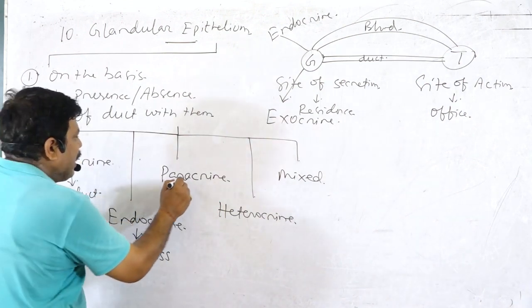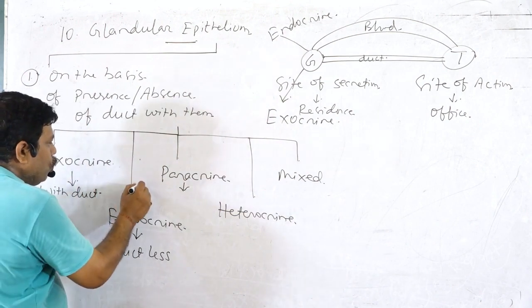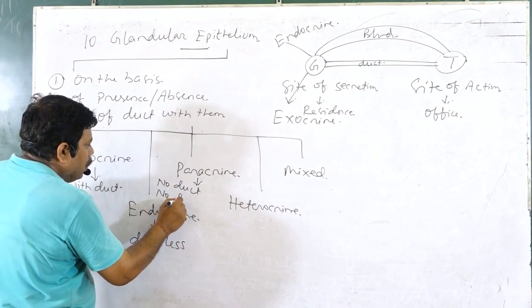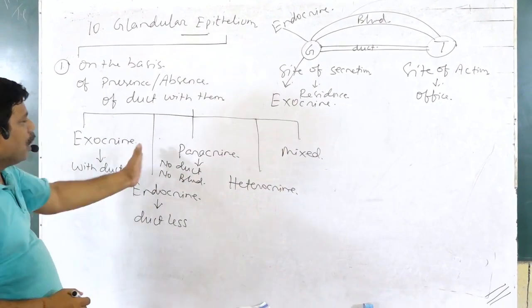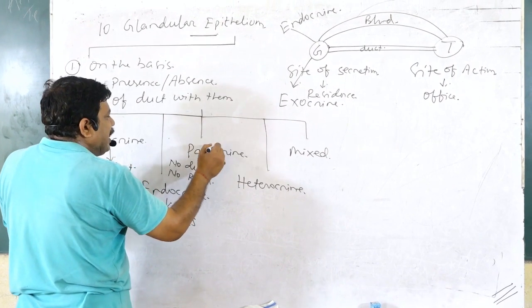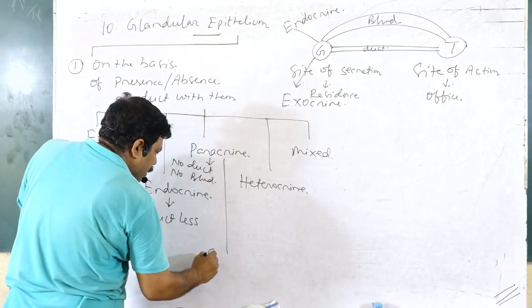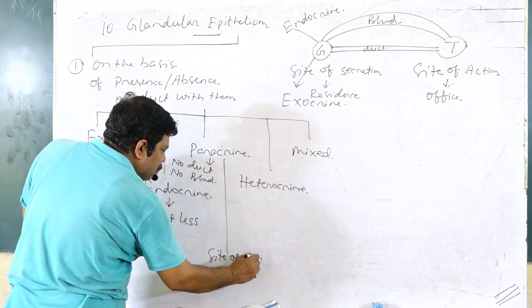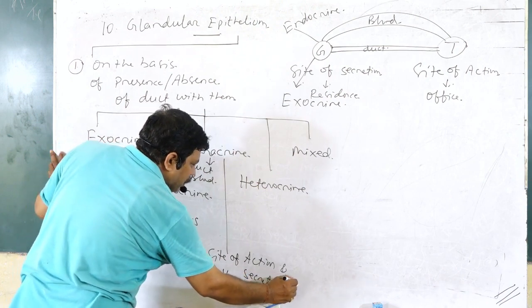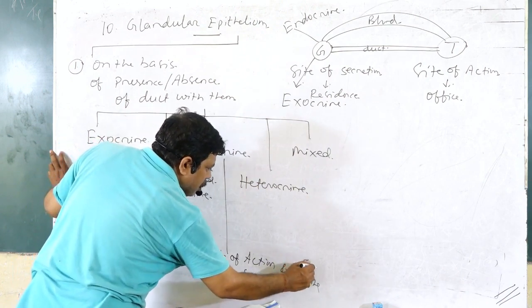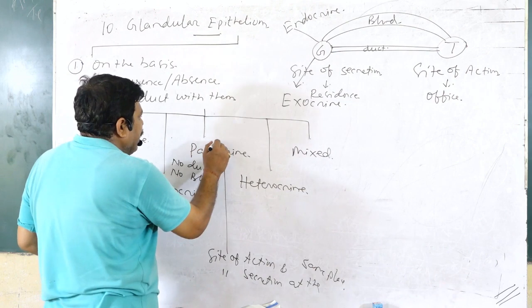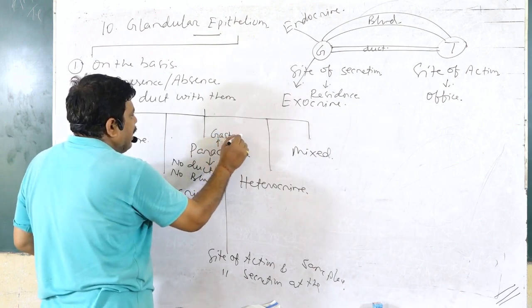That is paracrine. No duct, no blood. Site of action and site of secretion at the same place. That is paracrine, your gastric gland.